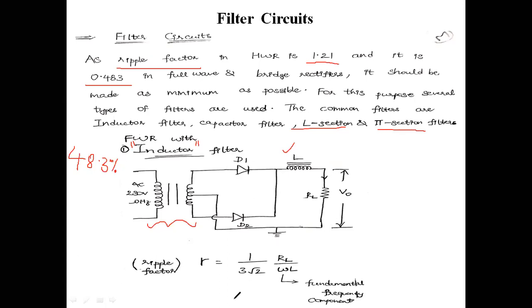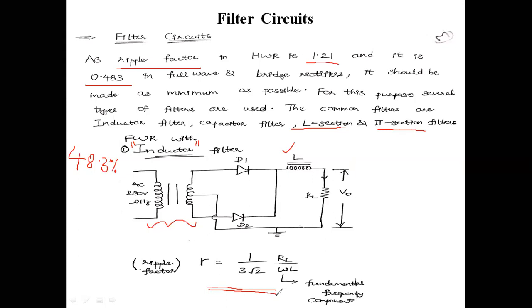After drawing this, the ripple factor term will be derived, but we have just noted the final term here. That is gamma is equal to 1 by 3 root 2 times RL by omega L. This is the formula for an inductor type of filter with respect to the full wave rectifier.